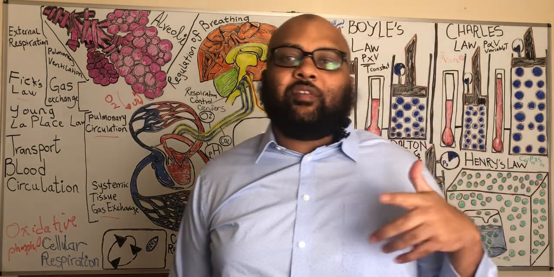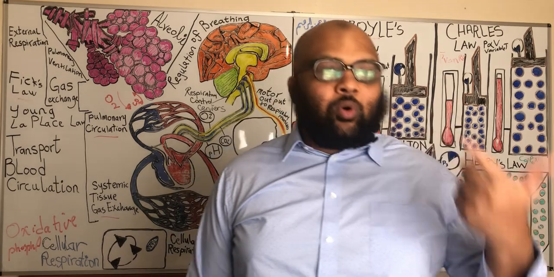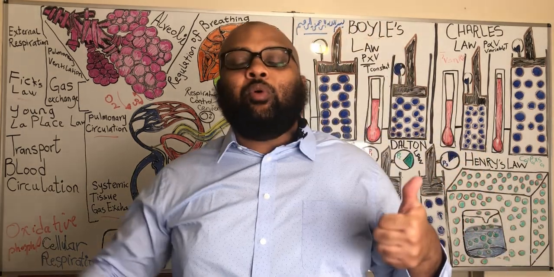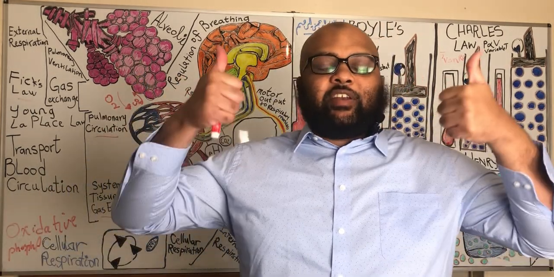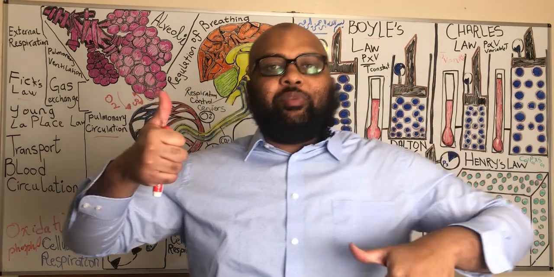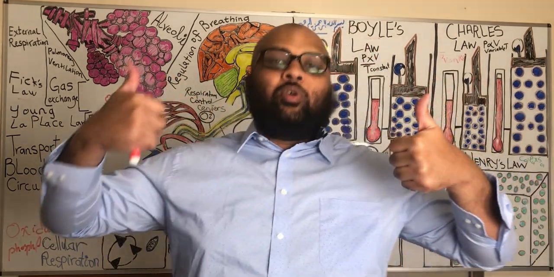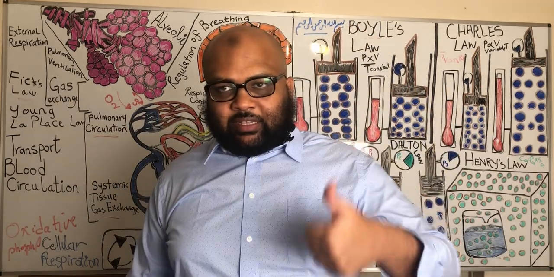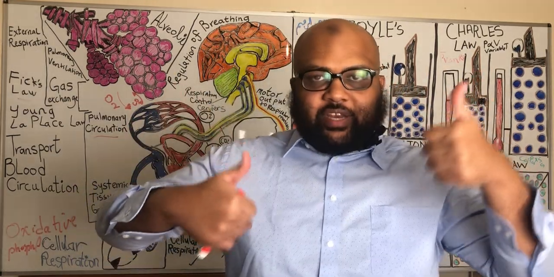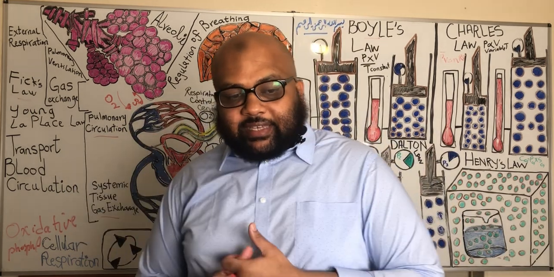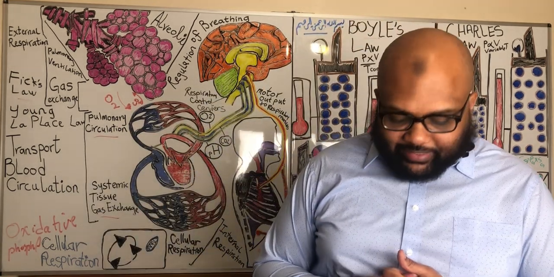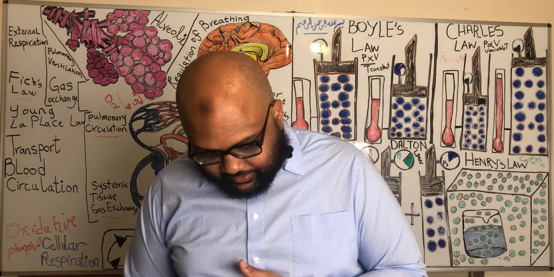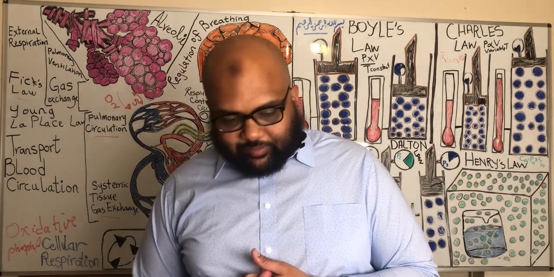That's why we have a lot of alveoli. So there's a direct proportional relationship. The more surface area, the more gas exchange, the more gas diffusion. The second important dimension would be the solubility.